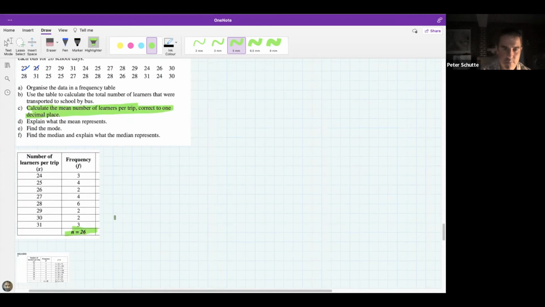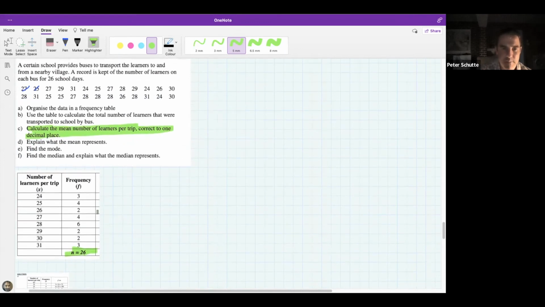Thanks, Mr. S. Pleasure. So what do we get for the mean in this particular question? This isn't an estimated mean. This is just a mean from a data set that's given in a table. It's grouped, but it's grouped into exact numbers.